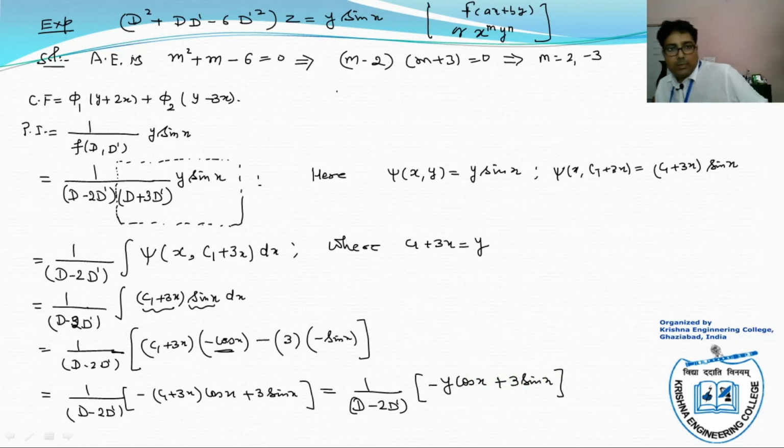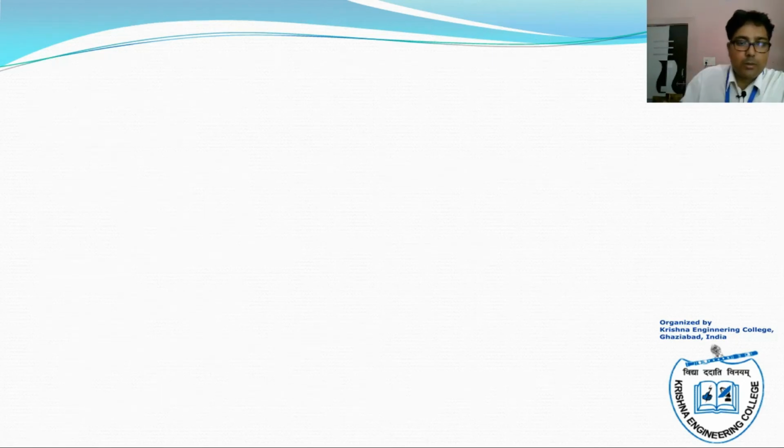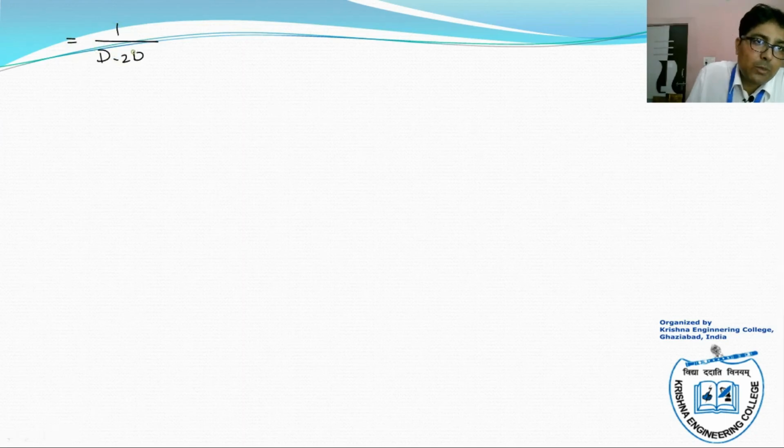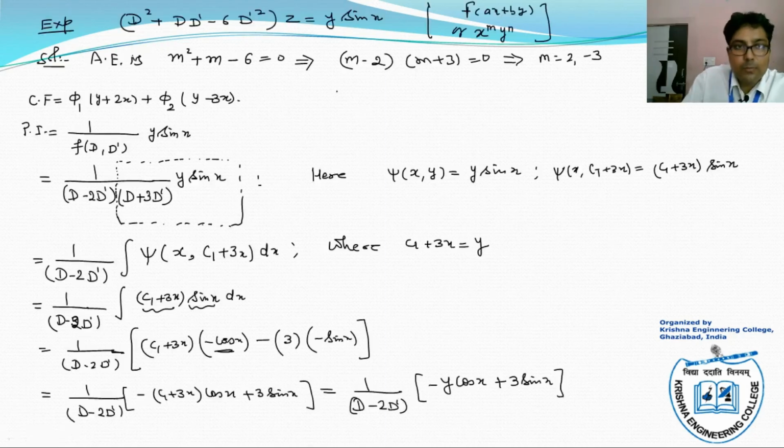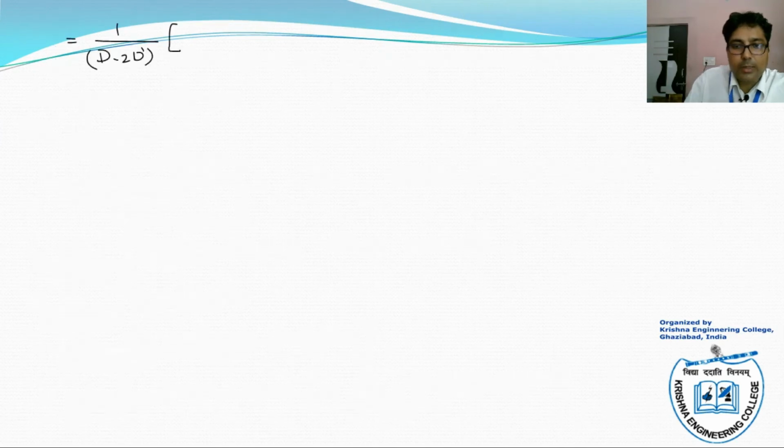Now complete this question on the next page. This is 1 upon D - 2D' of the bracket, minus y cos x plus 3 sin x.